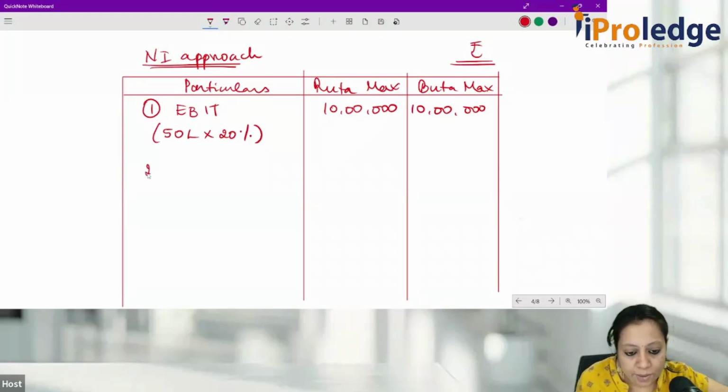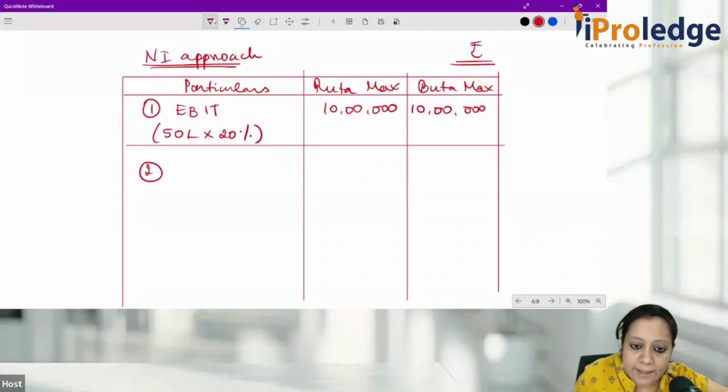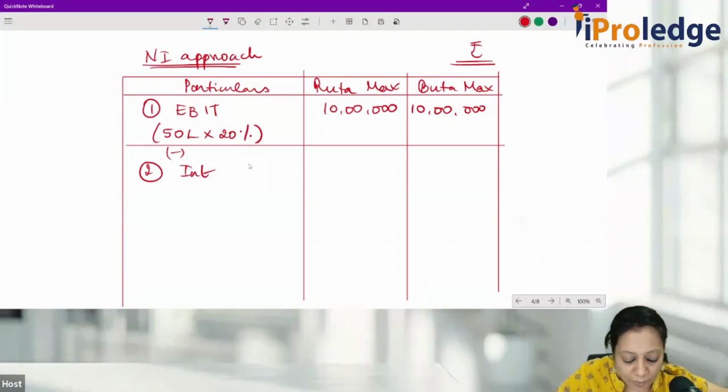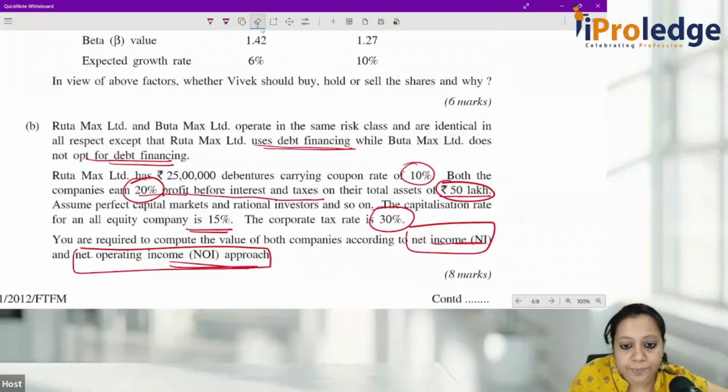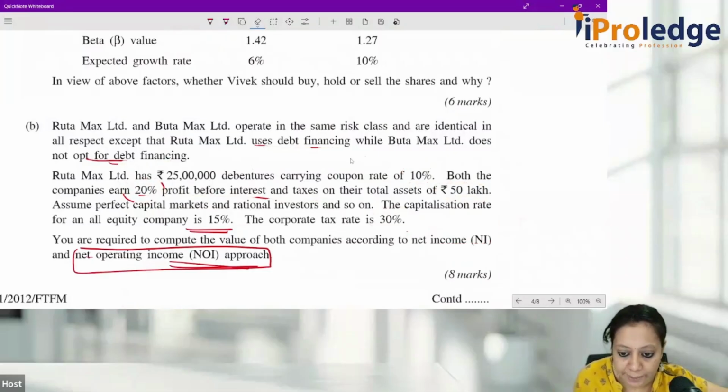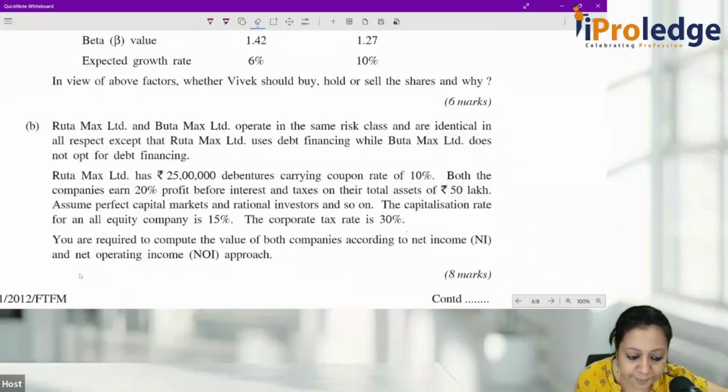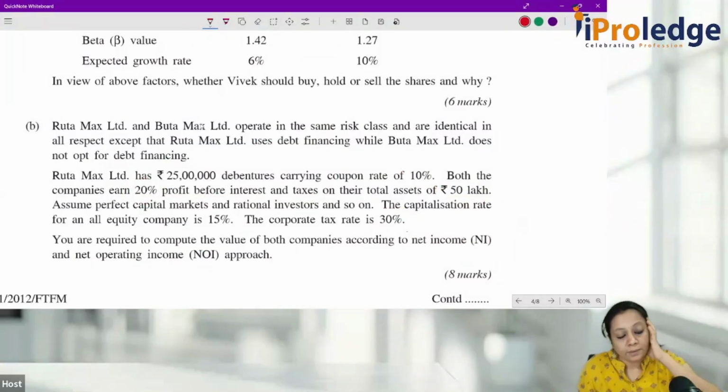Next, what should we do after EBIT? Interest, of course. One company is not having interest at all, so there is no debt for one company. Listen very carefully. These types of questions, I'm expecting that they may come.